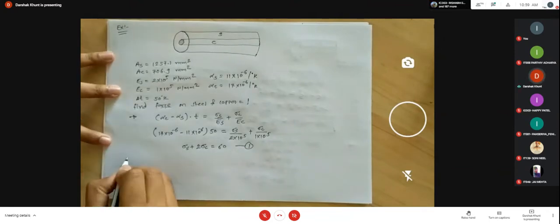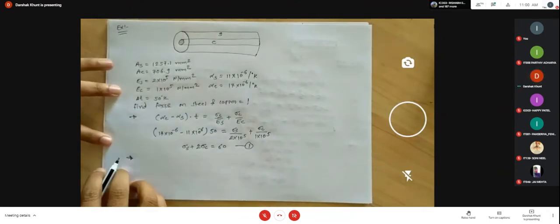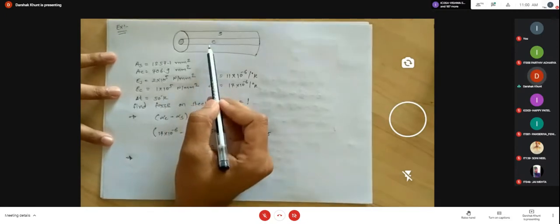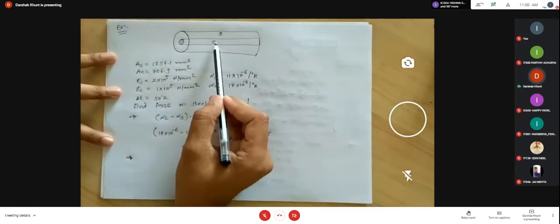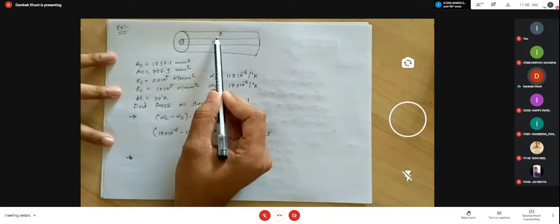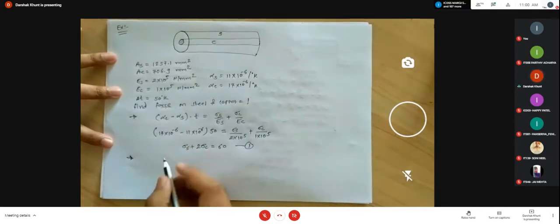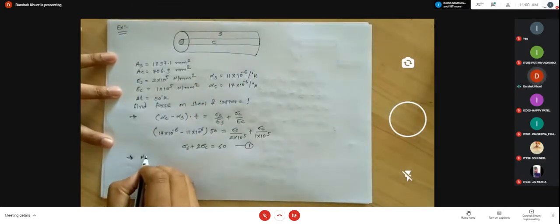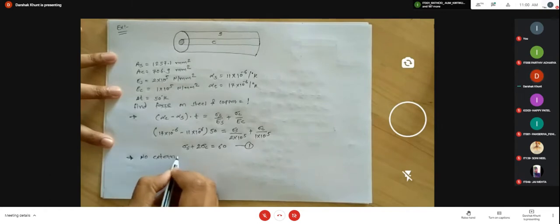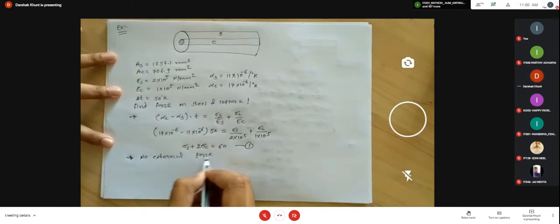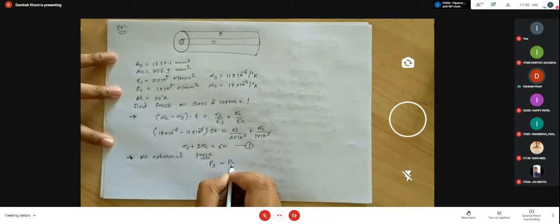Okay. Now we use the second relation. The force on both the materials is the same, because the force applied by copper on steel is equal to the force by steel on copper. So if there is no external force, then force in steel is equal to force in copper.